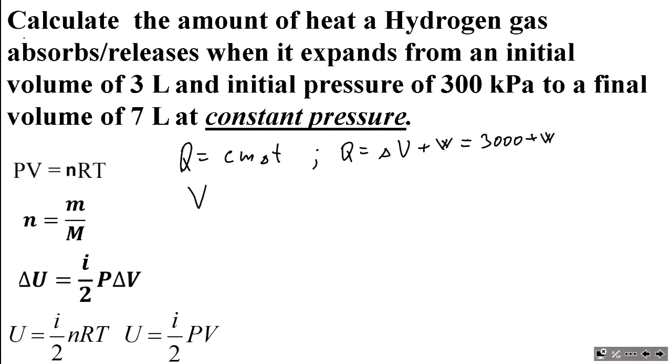Well, first, for the isochoric process, it is equal to this. And we know pressure, and we know change in the volume, 300 kilopascals times 4 liters, 1200 joules.